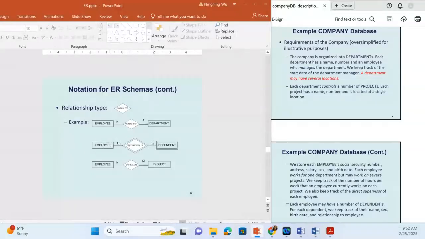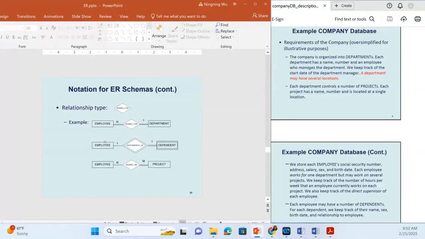In this case, we consider that the dependent's existence in the database has to rely on its associated employee. The reason is that if the associated employee left the company, then the dependent's information will also be removed from the database, because there's no meaning in maintaining the dependent information if the employee left the company.